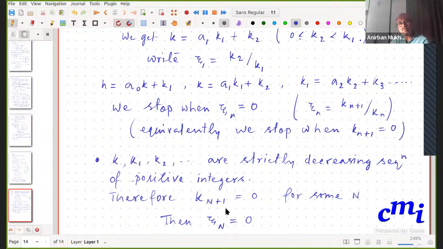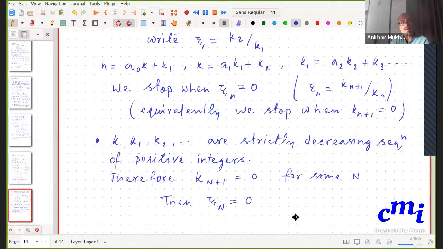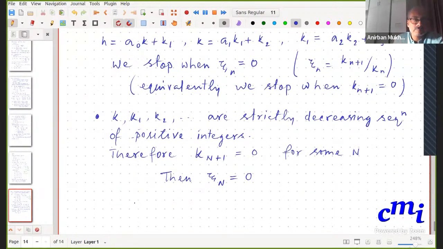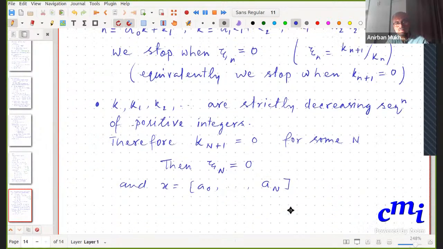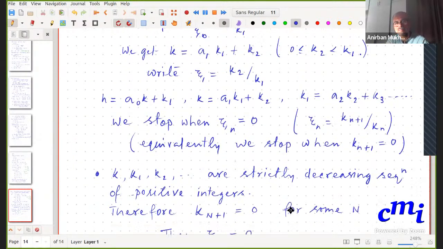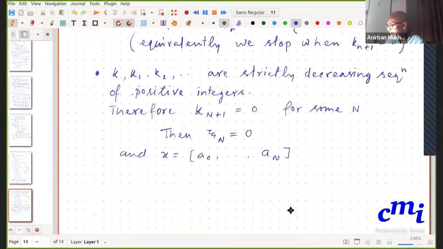So if k n plus 1 is 0, then chi n is 0, and our continued fraction is a naught, a1 up to a capital N. So it stops there. This actually corresponds to the GCD algorithm. We are just rewriting very much the same thing.